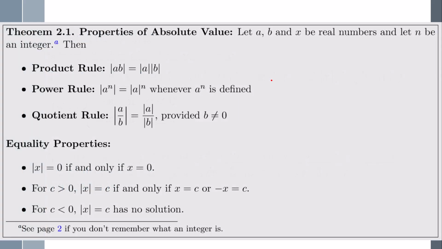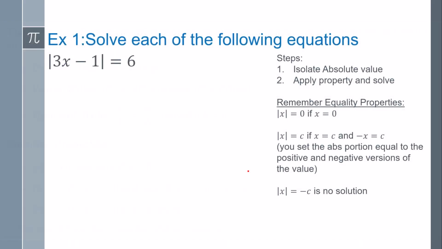Now here's a few rules, but we're not going to really be manipulating them too much with absolute value. The big one is going to be this property down here, and we're going to use that to be able to solve them. So solving each of these, the x is inside the absolute value. Now a strategy typically is to isolate and get the absolute value part by itself.